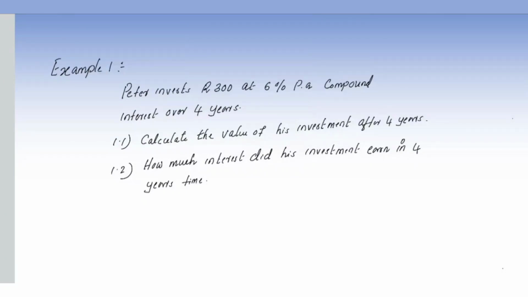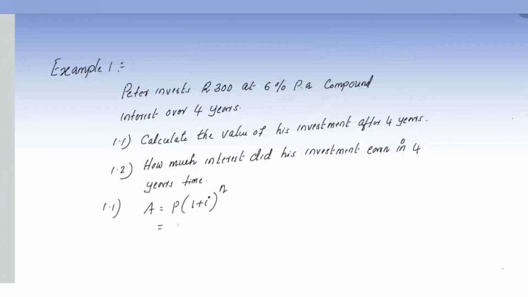Peter invests R300 at 6% per annum, compound interest over 4 years. Calculate the value of his investment after 4 years. Here you are using the compound interest formula, so let's see what the answer will be. 1.1. The compound interest formula is A is equal to P bracket 1 plus I to the power n.